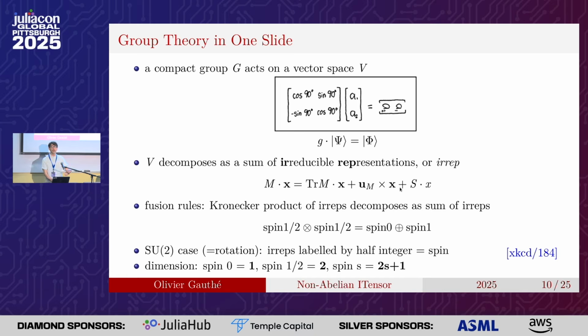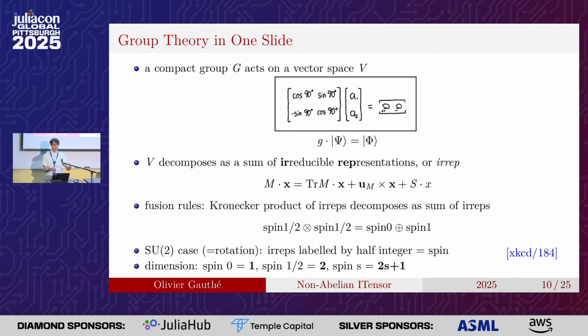The point is, under the effect of the 3D rotation group, SO(3), all these objects behave in different ways. This object is a trace, it's invariant under the effect of a rotation. This object is a vector, so it behaves as a vector under the effect of a rotation. And this is what we call a spin-2 or tensor representation. All of these are different irreps, and my point here is my matrix that was a 9-dimensional object can be decomposed as a sum of objects that are completely independent from the perspective of group theory.